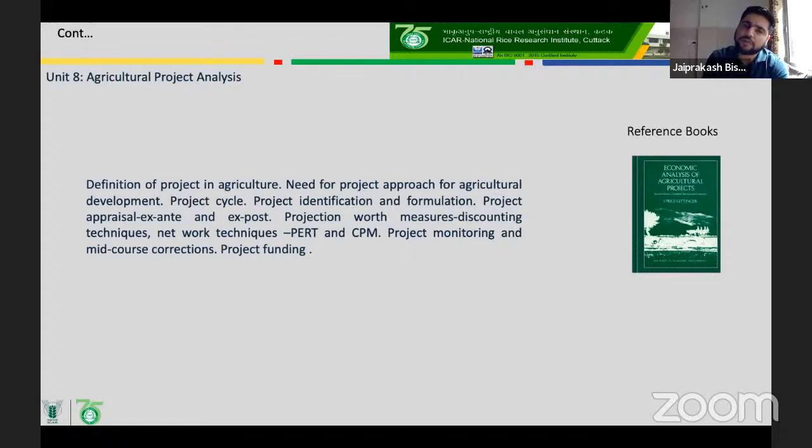But for examination in particular, you should be thorough with the theoretical part, because no one is going to ask you to make a PERT or CPM chart. But definitely they may ask you what is PERT and what is CPM and how it is useful in agriculture projects. Okay, so you should be thorough with this theoretical kind of thing when you are searching for any topic in Google. Okay.